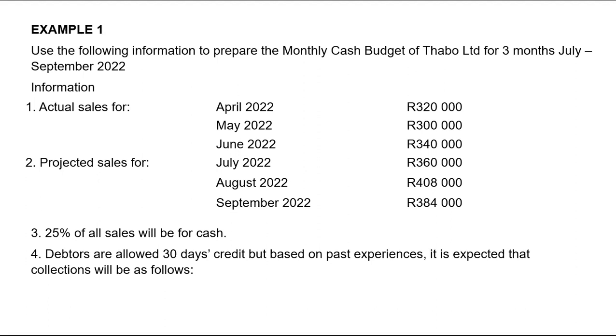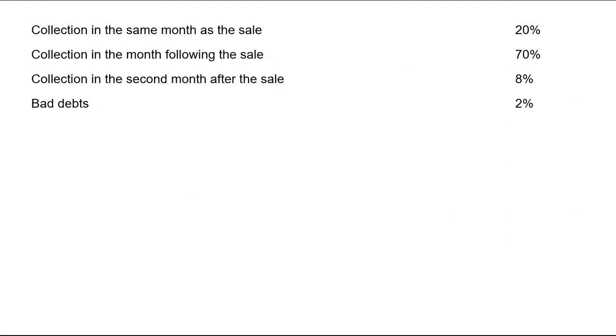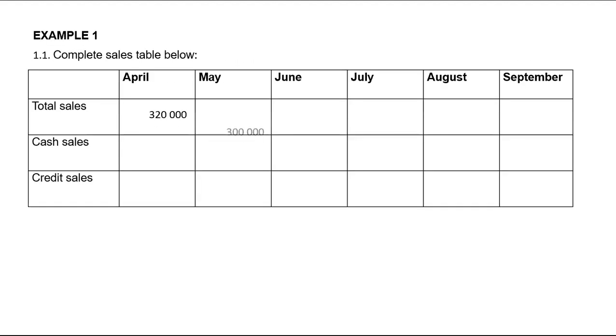But everything is pretty much the same. We know that here we are selling goods. 25% of those goods that we are selling, we sold them for cash, and obviously the other 75% will be goods that we sell on credit. And the other 75%, we are going to collect it using these credit terms. And I did explain this as well. We're going to have total sales.